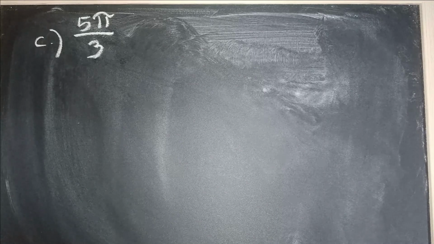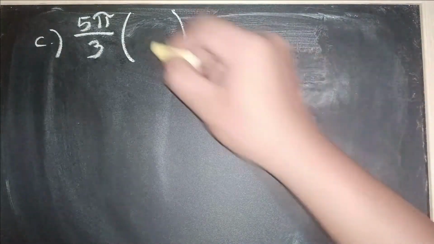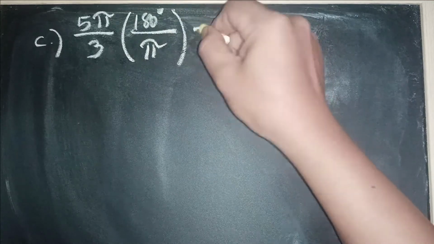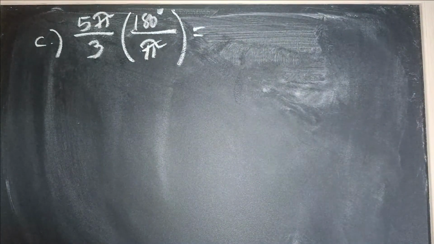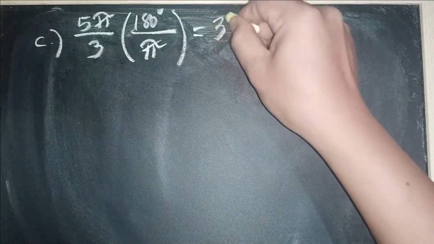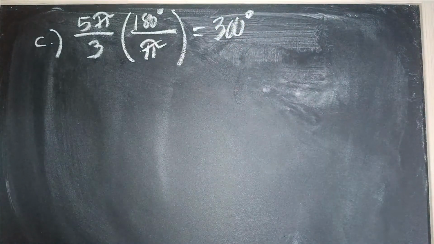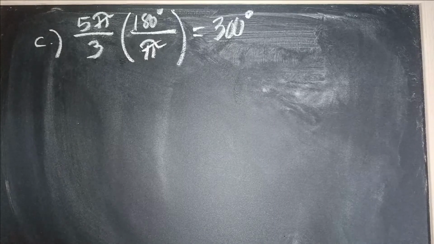Ilalagay ko na naman po sa description sa baba yung link. Yung gagawin lang natin is magmumultiply lang tayo mga boss ng 180 degrees over pi. This is equal to, cancel ito, 180 degree divided by 3 is 60 times 5 is 300. So therefore, that is equivalent to 300 degrees.